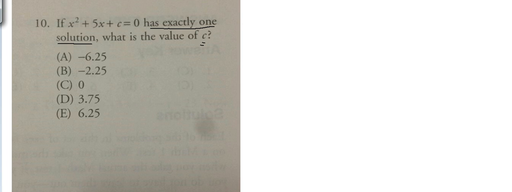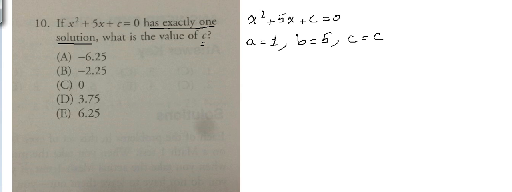When we say it has exactly one solution, that means delta should be equal to 0. In x squared plus 5x plus c equals 0, a is the coefficient of x squared, which is 1, b is the coefficient of x, which is 5, and c is the constant coefficient, which we need to find.